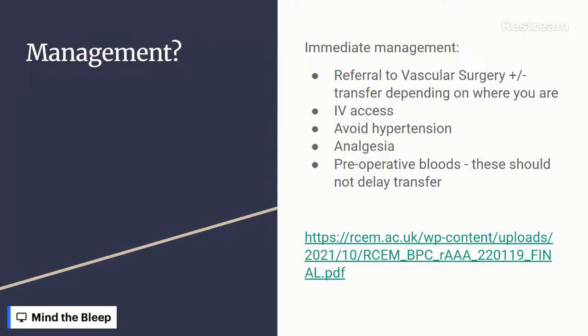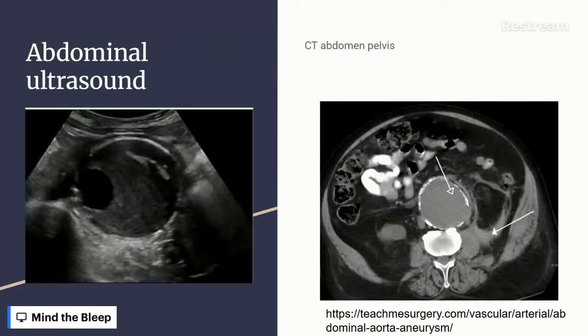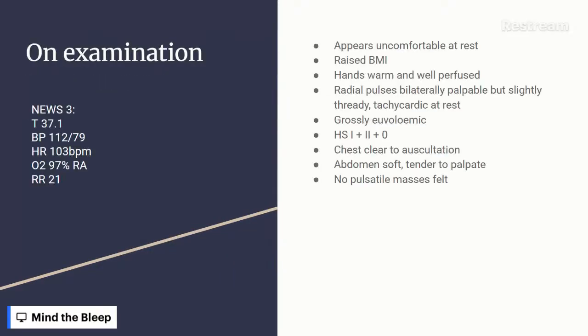Avoid hypertension. So we noticed actually, although on his observations the blood pressure appeared, usually you wouldn't bat an eyelid to that. It's a pretty normal blood pressure. But we know two things. Number one, this guy has a history of hypertension that's most likely not controlled at all because he's clearly not taking his blood pressure medication.